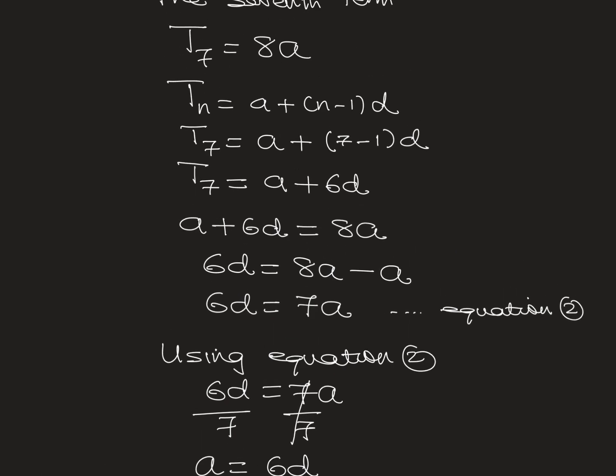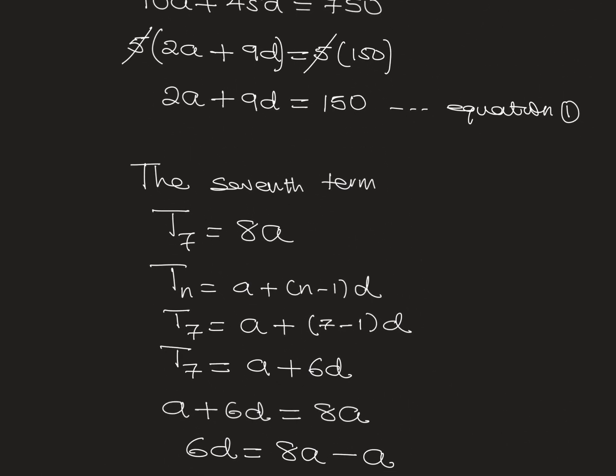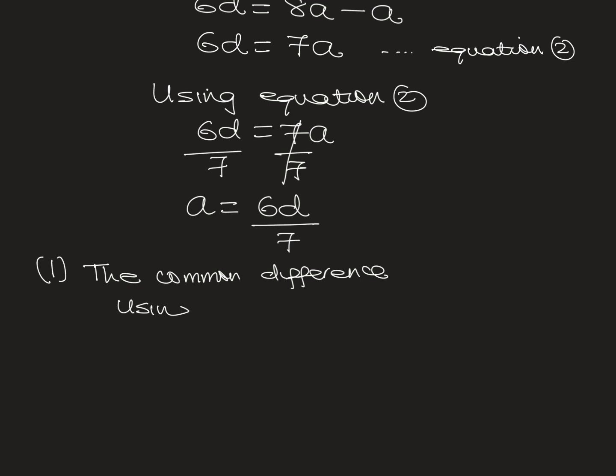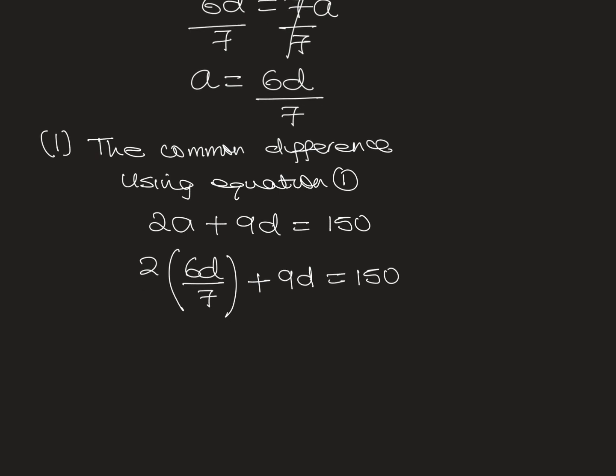Using equation 1, which is 2a plus 9d equal to 150, that is going to be 2 into a, which is 6d all over 7, then plus 9d, and this is equal to 150.